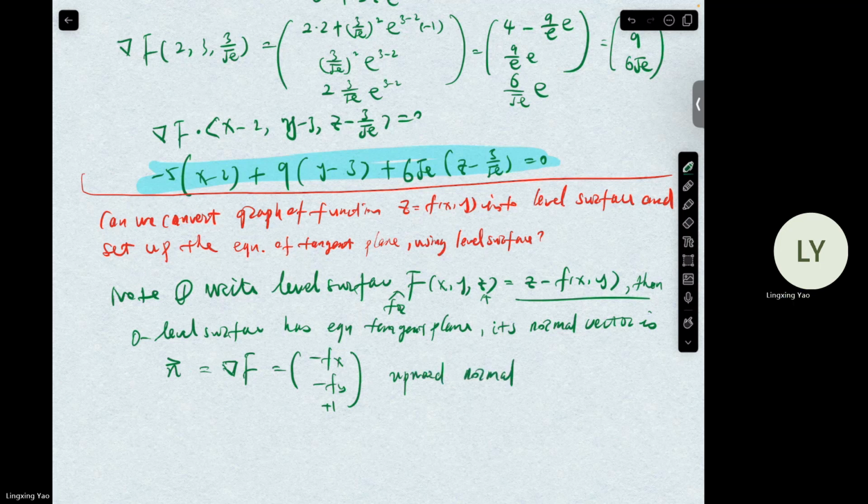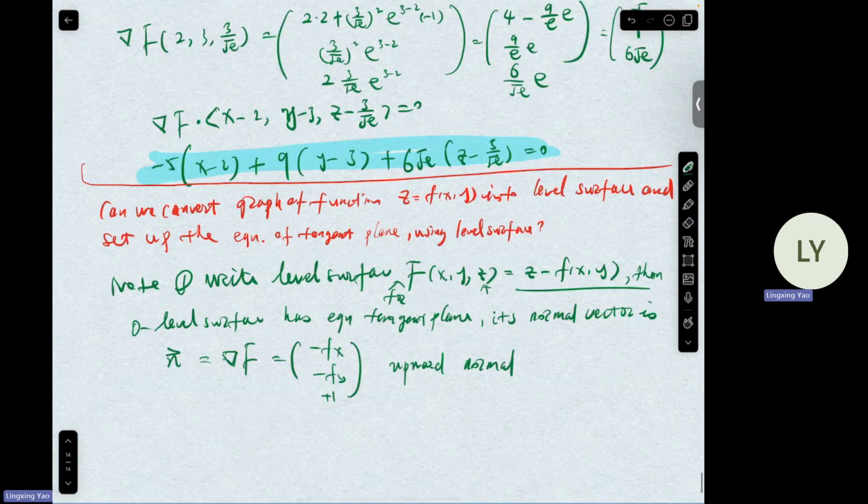normal. You can also write this level surface capital F as f of x, y minus z, where little f only depends on x, y.